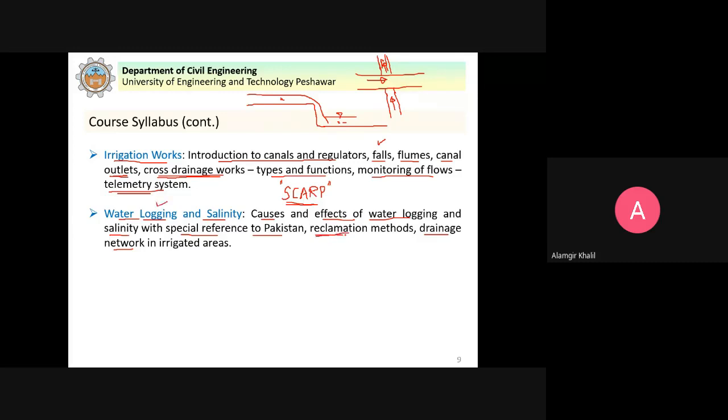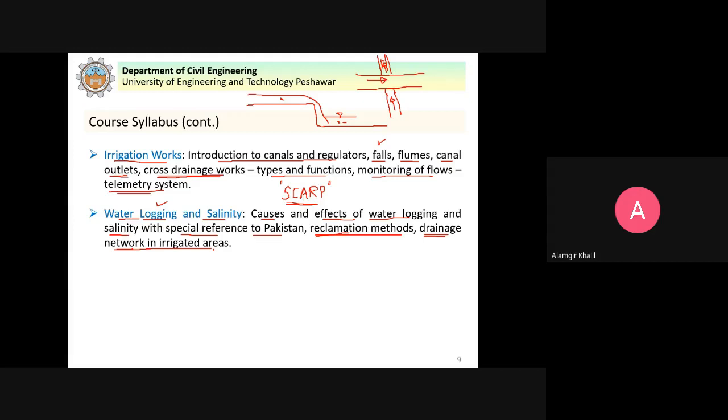We will study the different methods that can be used for reclaiming the land, reclamation methods. And mainly we do it by draining the water from those areas. So drainage network in irrigated areas is a very important topic, so important that drainage engineering is now a full course. We can study a full course on drainage engineering, how to drain the water.